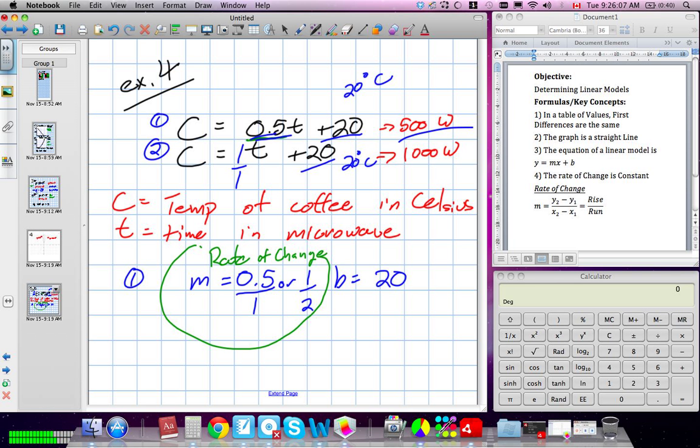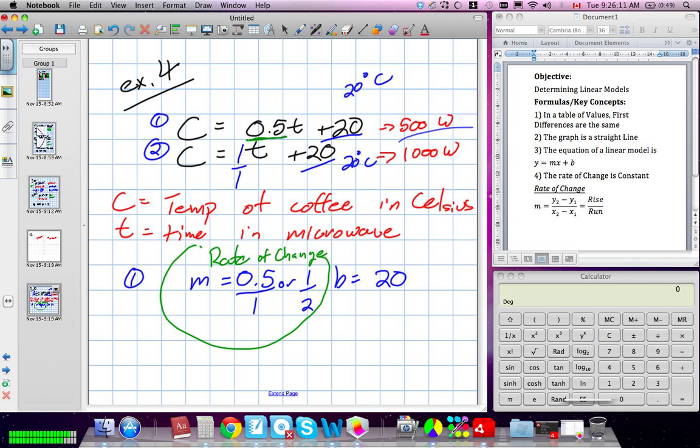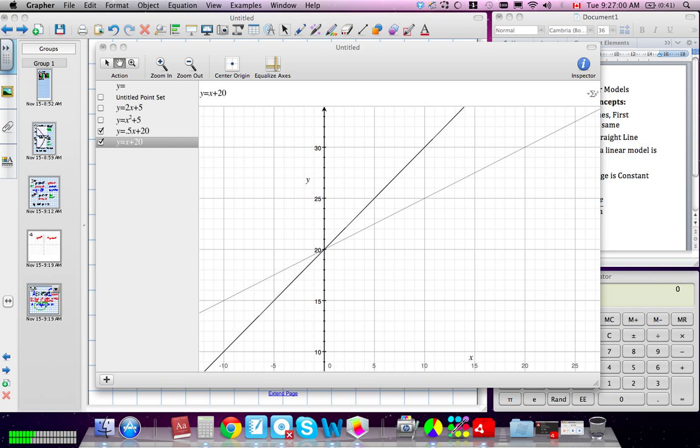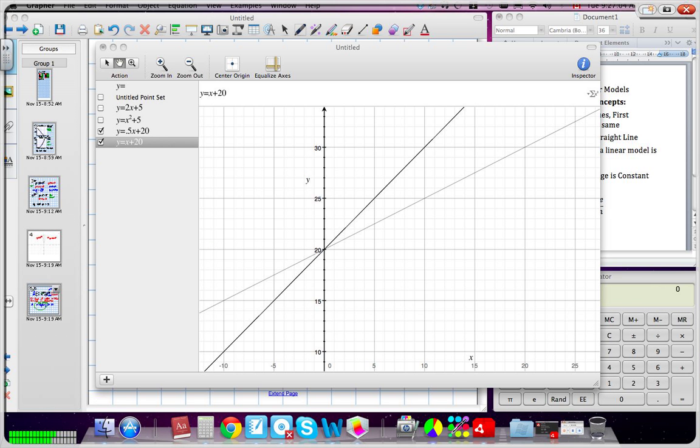So we've quickly graphed these on essentially a graphing calculator. I have my two equations, 1 and 2. They both have the exact same y-intercept. We know that the coffee went in at 20 degrees Celsius. Which of these had a steeper slope? Equation 1 or equation 2? I know I didn't tell you which was which when I put these in. Clearly one has a steeper slope. 2.